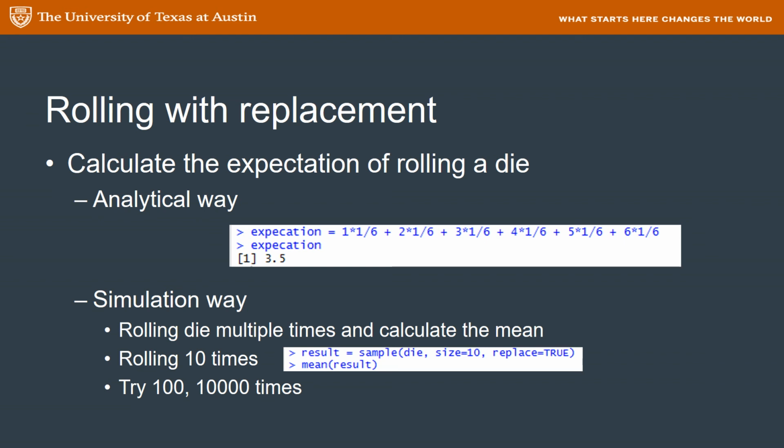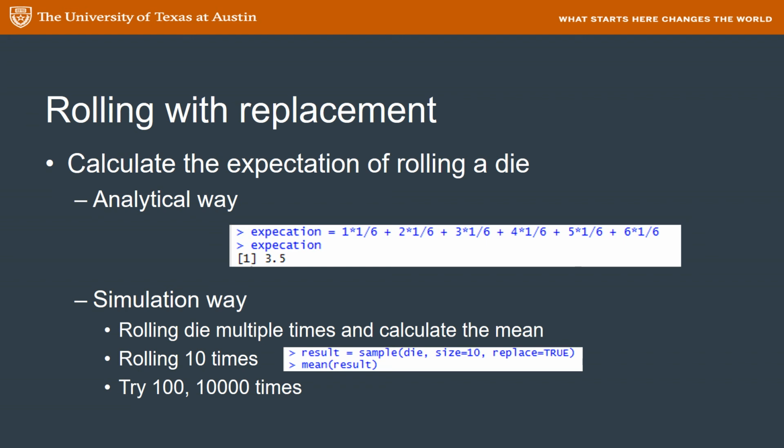We can actually do it another way, not using the analytical solution. We can use our rolling die function. We can roll a die multiple times and calculate the mean. So let me roll it 10 times and then calculate the mean. How do I do that?